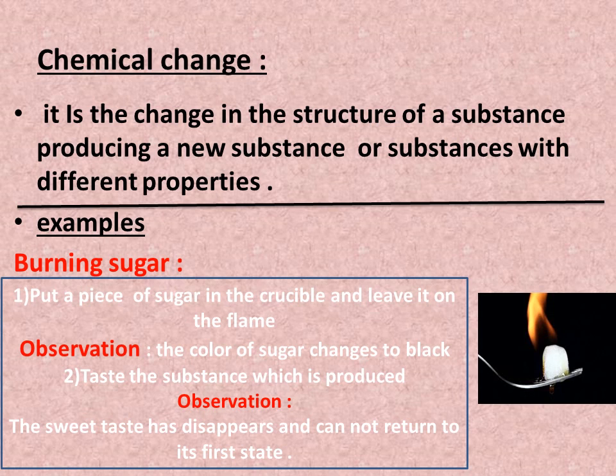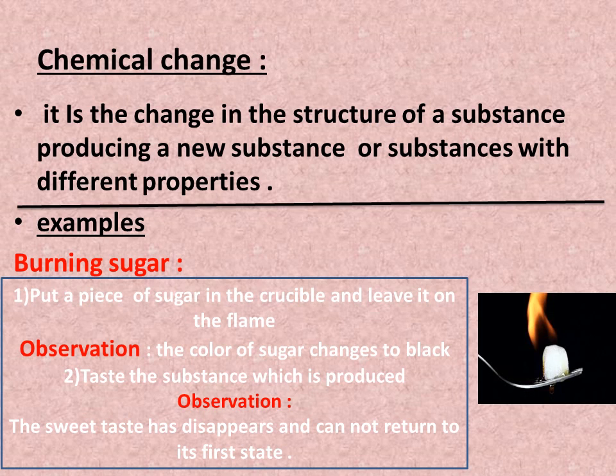Number two, we taste the substance which is produced. We notice that the sweet taste of sugar has disappeared and can't return to its first state. So the color changes and the taste also changes. So the shape and the structure change.